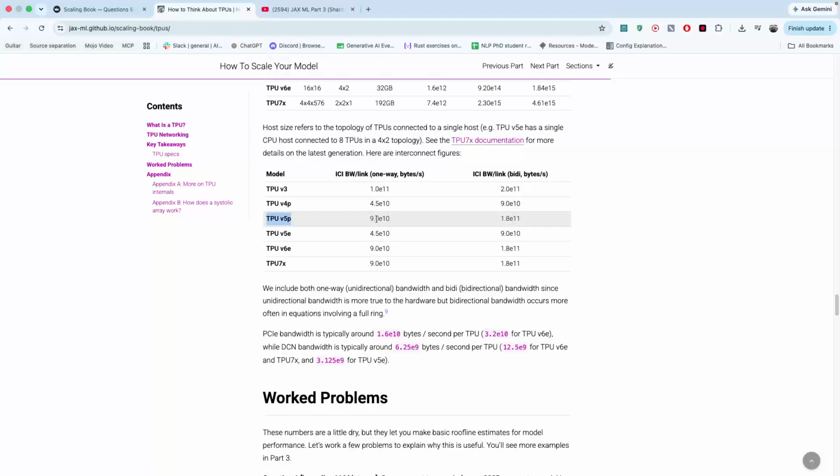You can see the bandwidth here is 9E10. So this is the bandwidth for bidirectional.